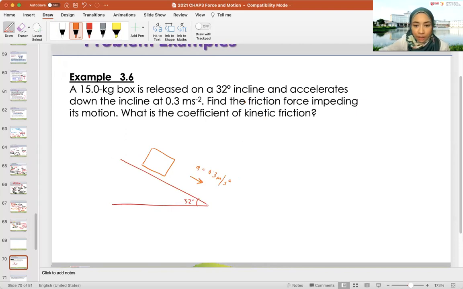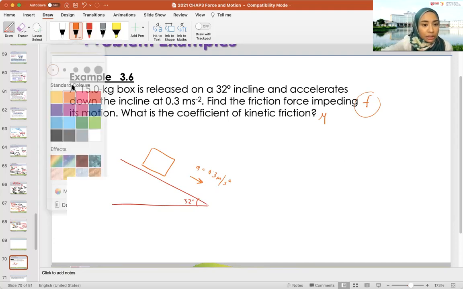Okay, find the friction force impeding its motion. What is the coefficient of kinetic friction? So it's asking, mula dia tanya friction force, lepas tu tanya mu. So of course we need to solve for friction first before we can know what is mu, right?